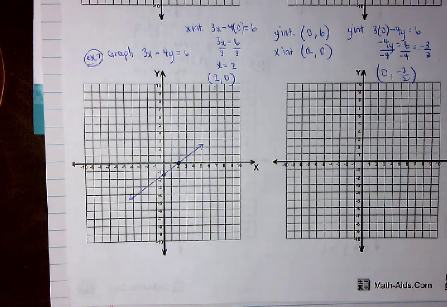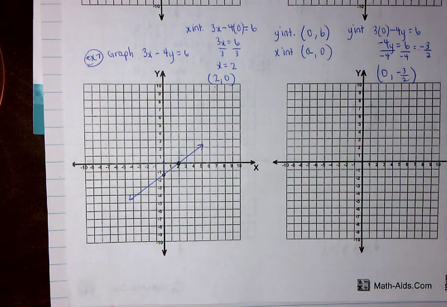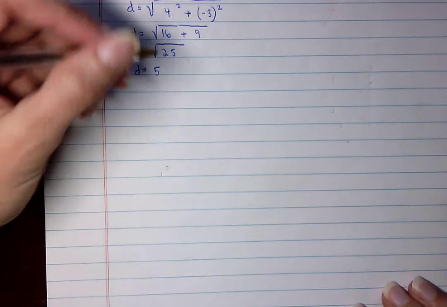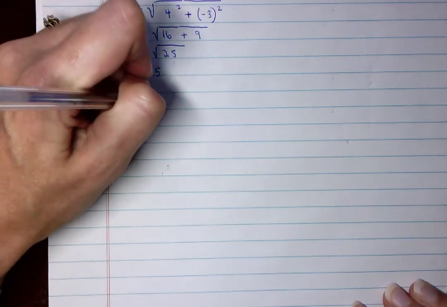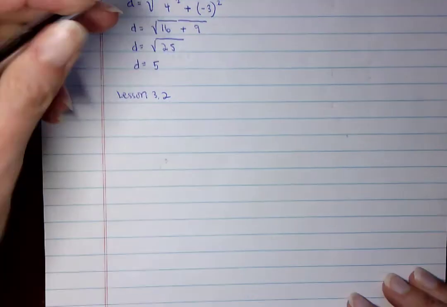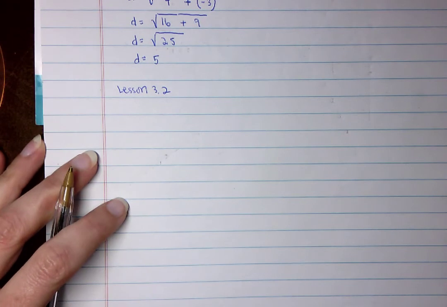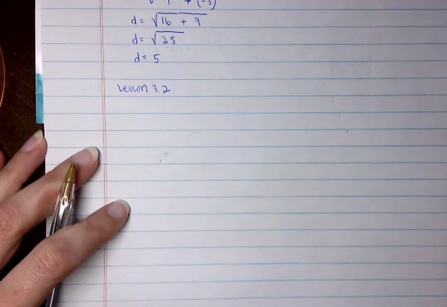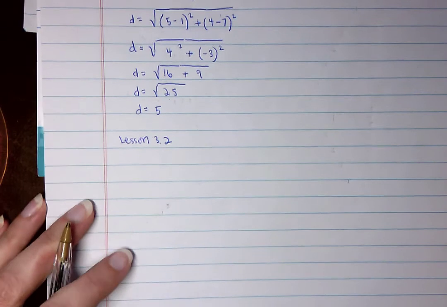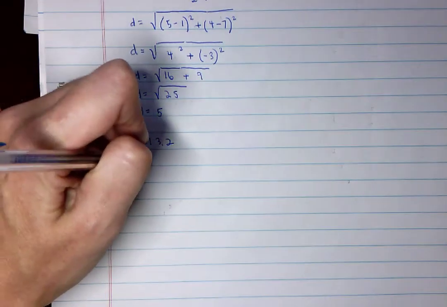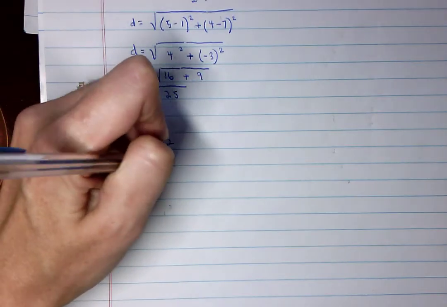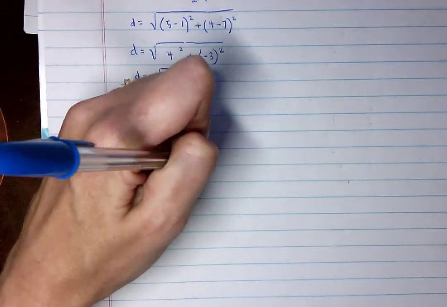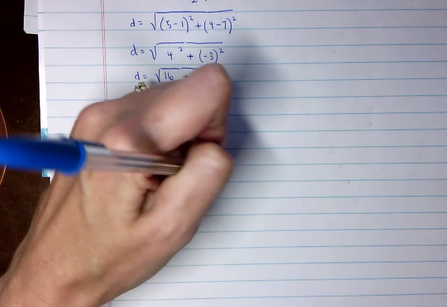Next lesson is going to be about slope, the slope of a line. So for the slope of a line, this is lesson 3.2, you are going to do slope, which is rise over run. So slope, or m, is rise over run.